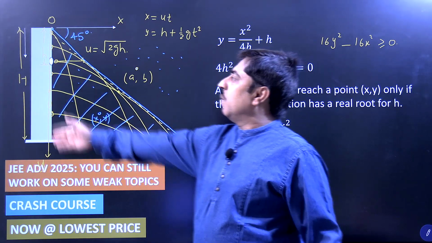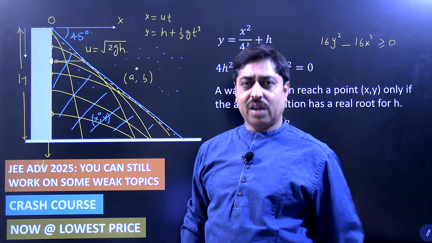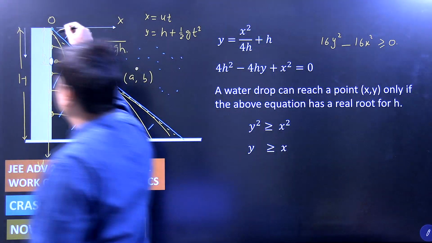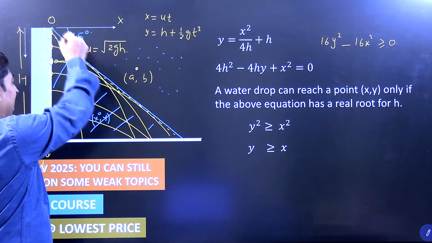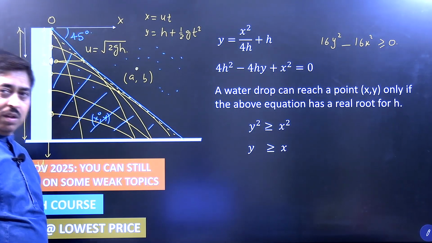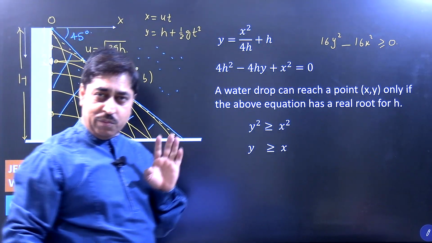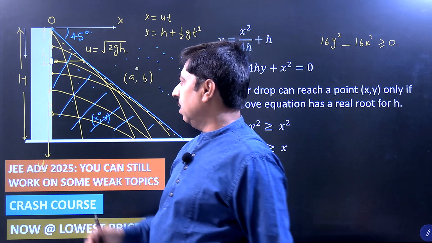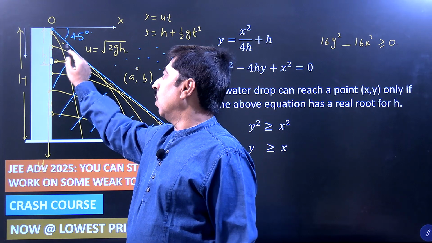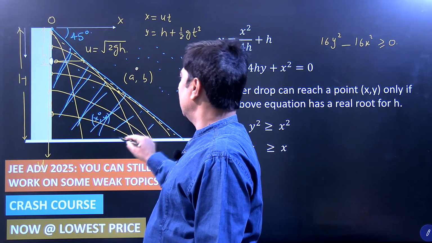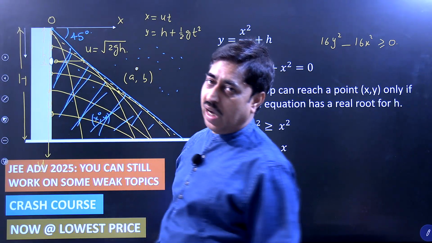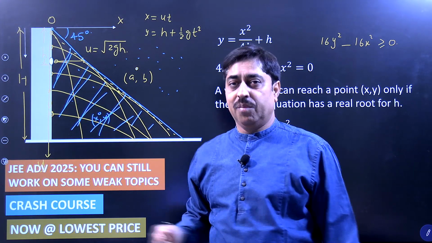So, obviously, whatever be the height of this cylindrical tower, start from the top, draw a line making an angle of 45 degrees with the horizontal, and we are confident that each and every water particle will always lie within this region. No water particle will be outside this blue colored line.